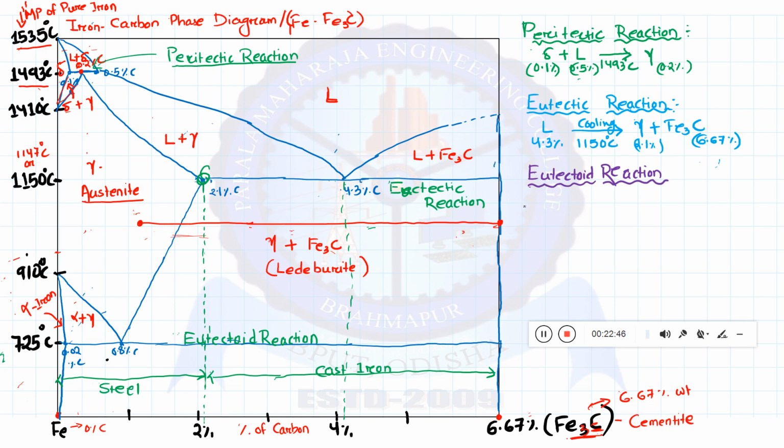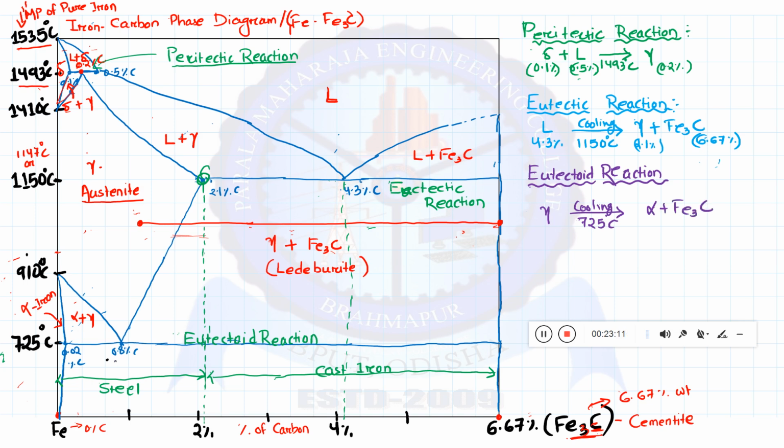Here one solid phase upon cooling gives rise to a mixture of two different solid phases, that is gamma upon cooling at 725 degrees Celsius gives rise to alpha plus Fe3C.